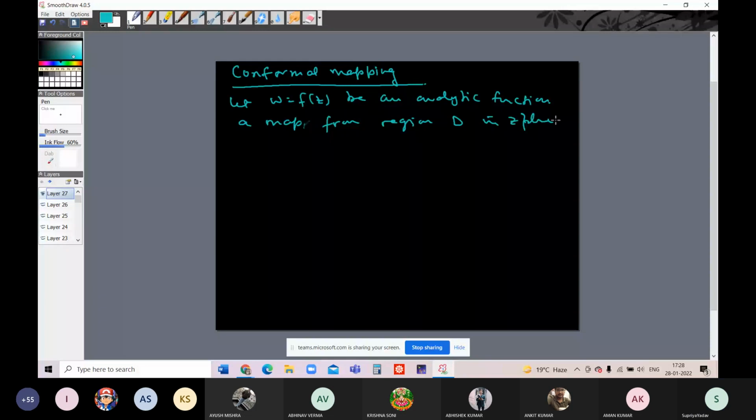कन्फॉर्मल मैपिंग क्या होती है? Let w is equal to f(z) be an analytic function, and define a map from a region D in z plane onto a region D star.